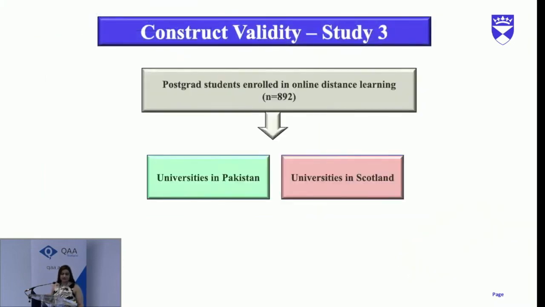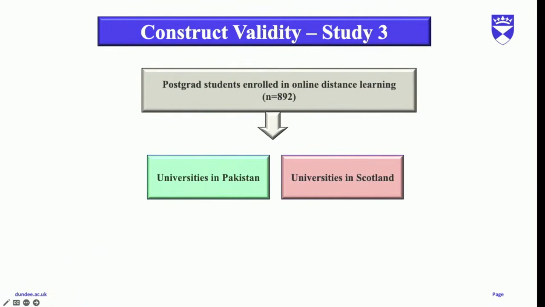Then I did the construct validity, the psychometrics. The psychometrics involved postgrad students enrolled in online distance learning, and I got responses from 892 students, conducted in the universities in Pakistan on online distance learner students, and also in the universities in Scotland.